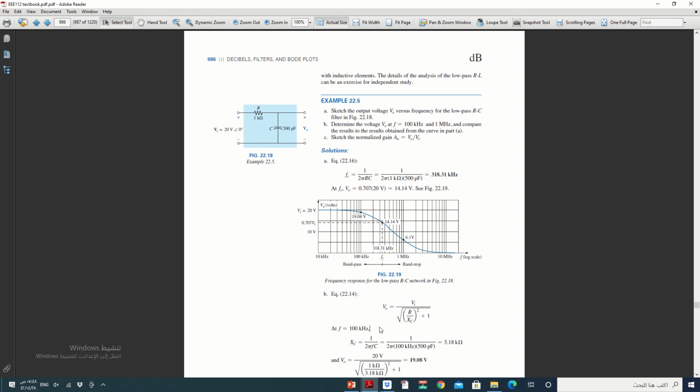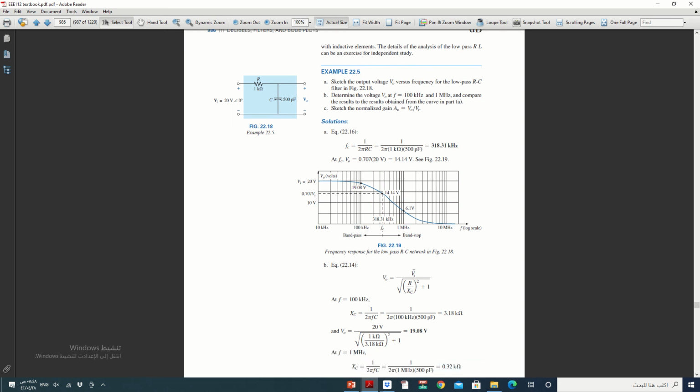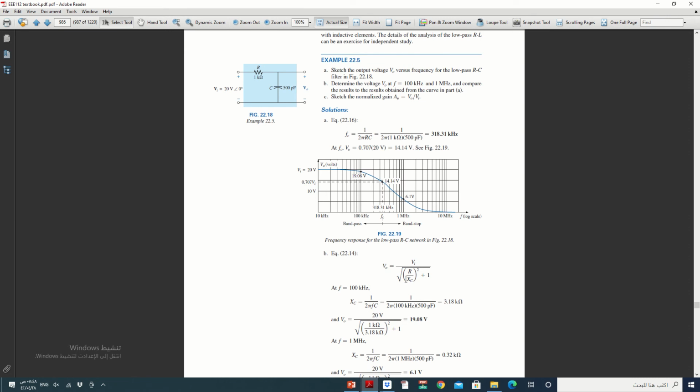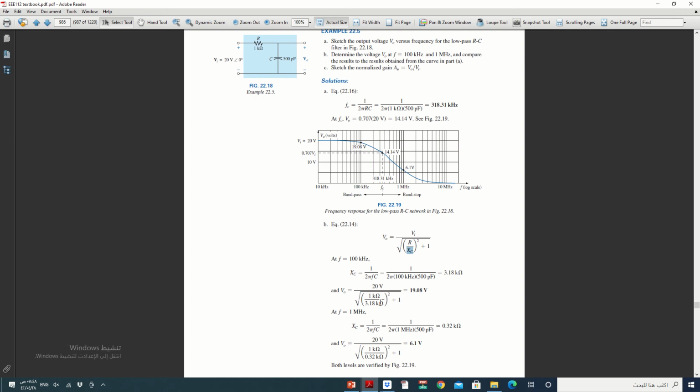We know that the magnitude for V out is V input divided by root of (R over XC) square plus 1, but we need to find XC now. After we change the frequency, you can find XC by this formula. You will get 3.18 kilo ohm. If you substitute in this formula, you will get the value of the voltage 19.08. This is at 100 kilohertz.